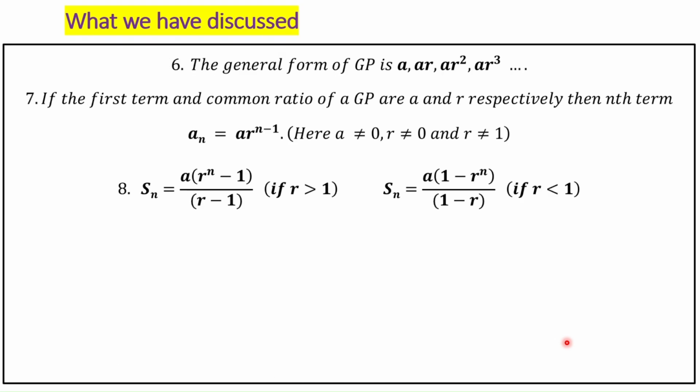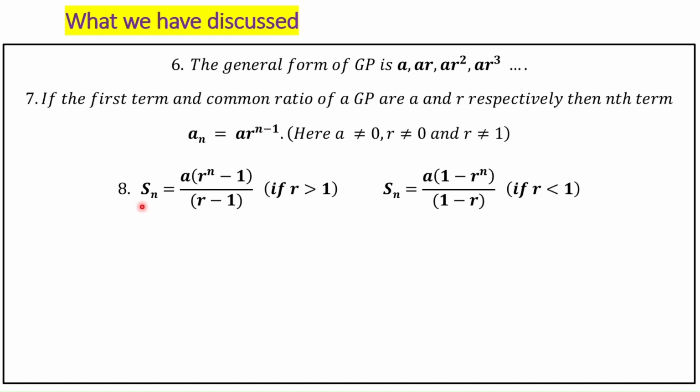The general form of a geometric progression is a, ar, ar square, ar cube, and so on. The common ratio is always the same, which is r. The nth term formula is a(n) equals a times r to the power of n minus 1.